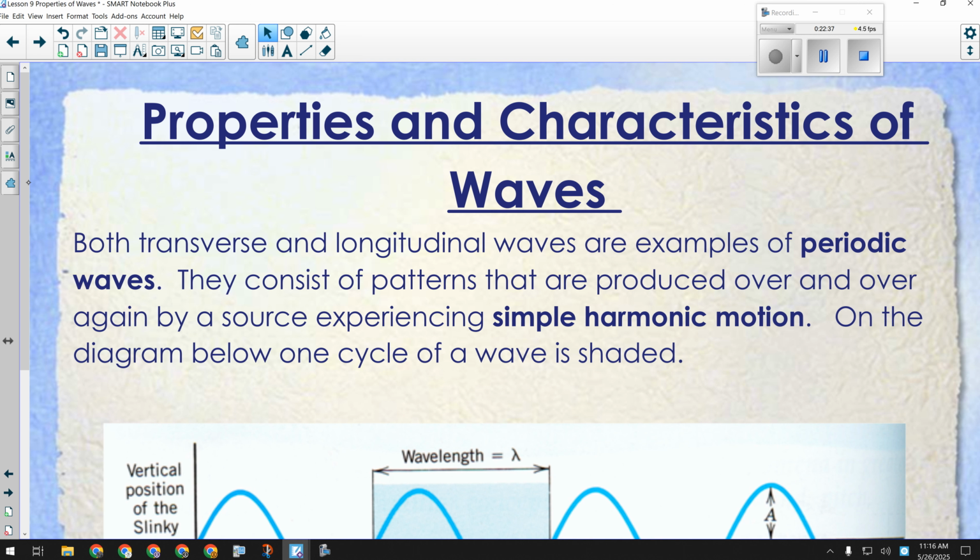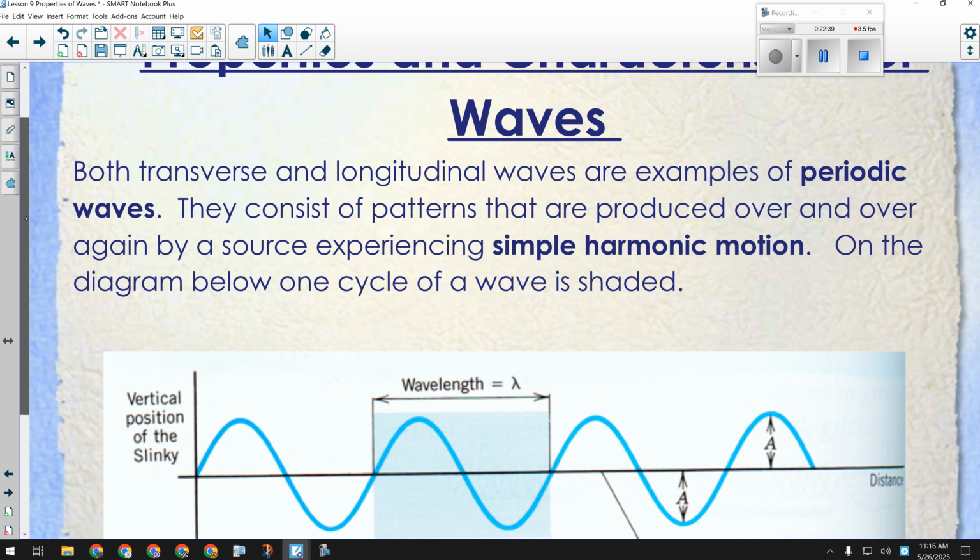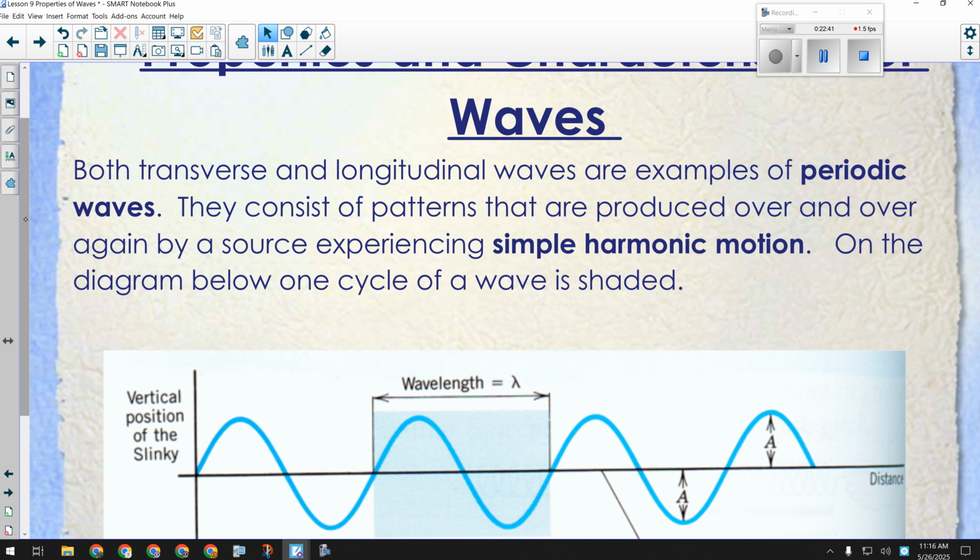All right, so as we were saying here, both transverse and longitudinal waves are periodic waves. So they have a period, frequency, wavelength, amplitude, all of that stuff. They are a medium that is oscillating up and down. So the medium they're traveling through is experiencing simple harmonic motion. It is oscillating.